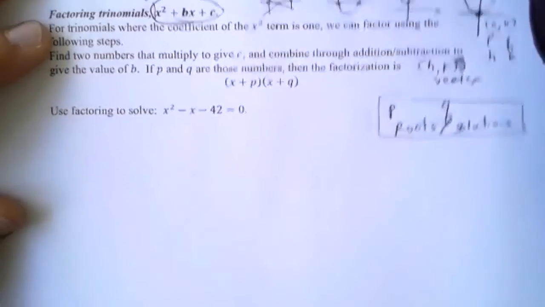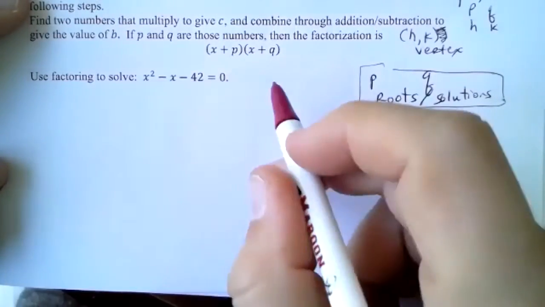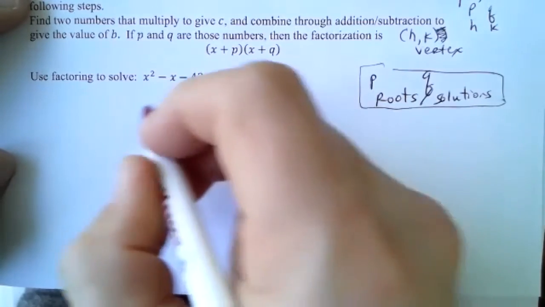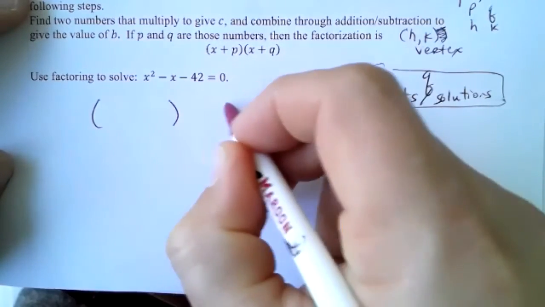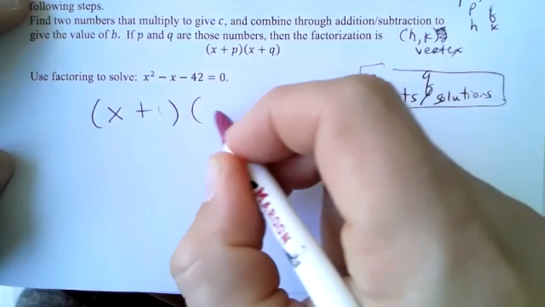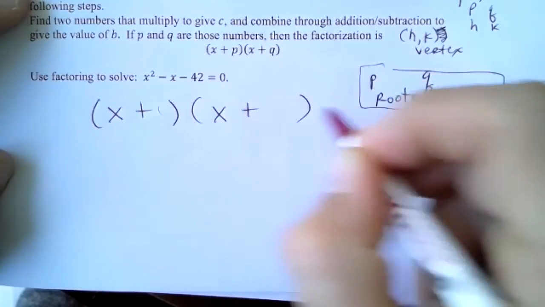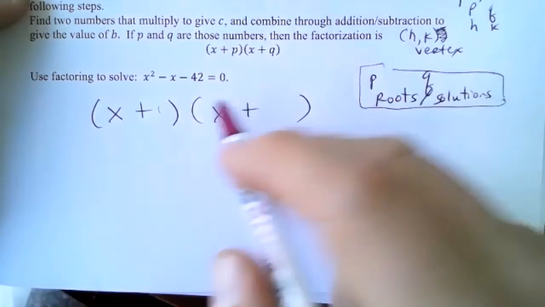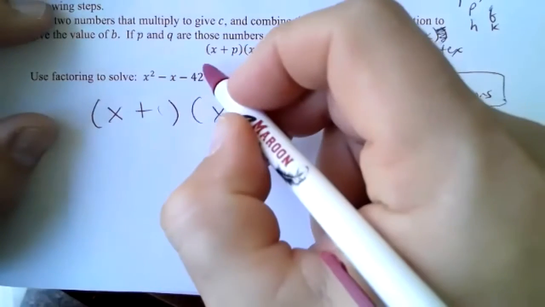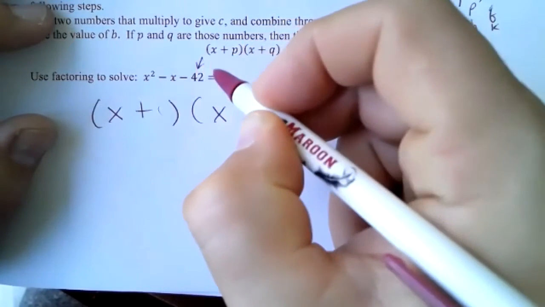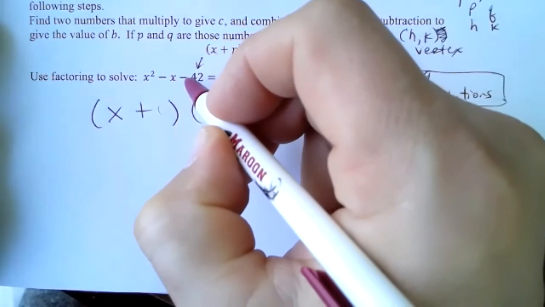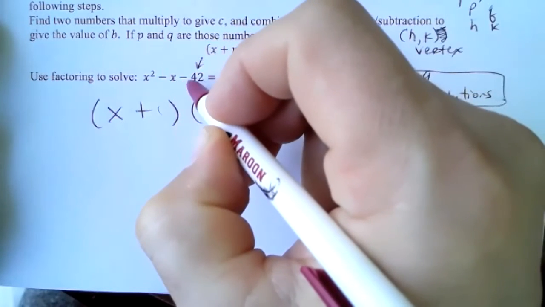So now let's come down here and look at this. We're going to solve these by factoring. So we know for a fact in this case, we're going to have something that looks like x plus something and x plus something, okay? So basically what's happening here is we're going to take this number, and you'll notice that it's negative, right?